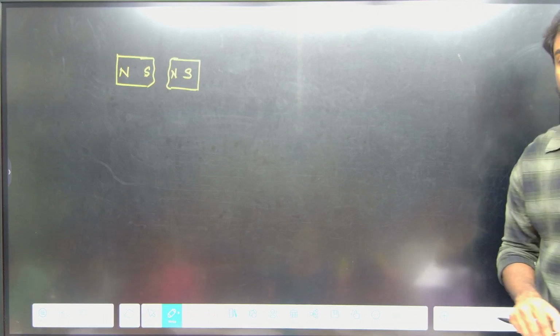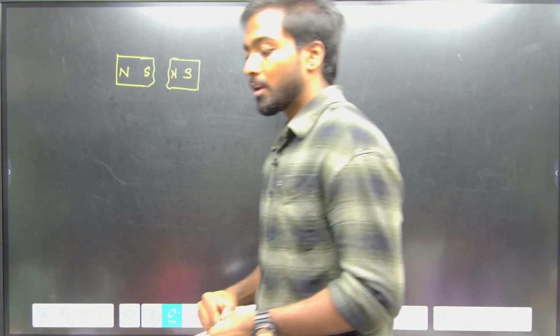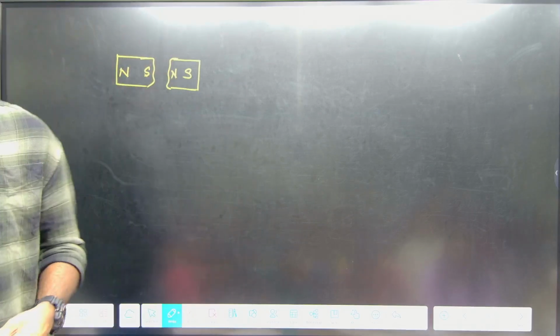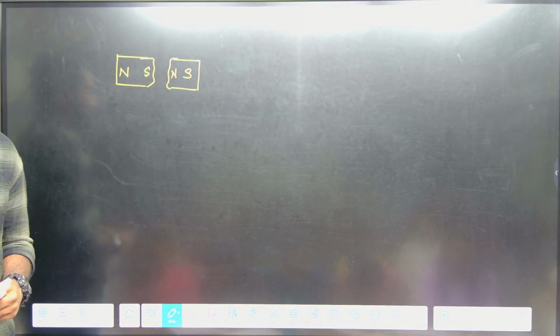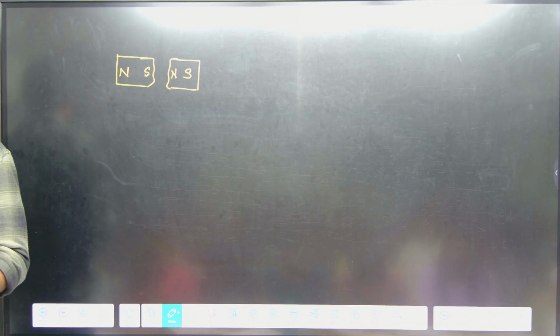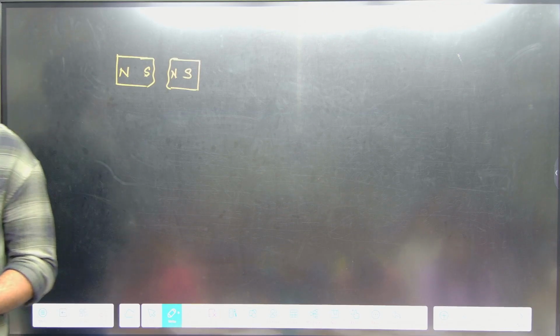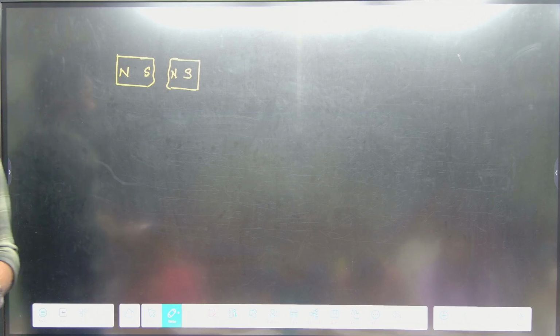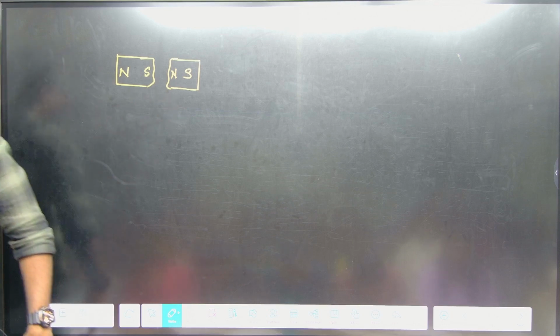Write down: if I cut the magnet into n pieces, the number of poles remains the same, north pole and south pole.